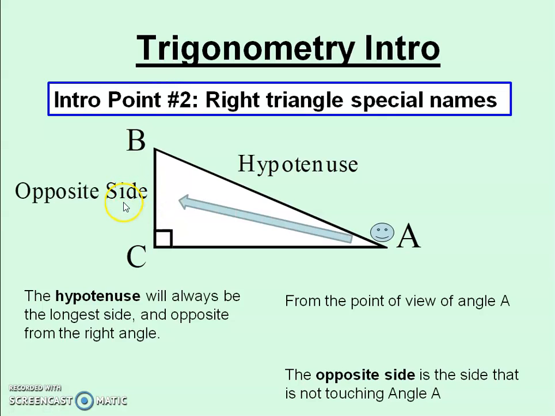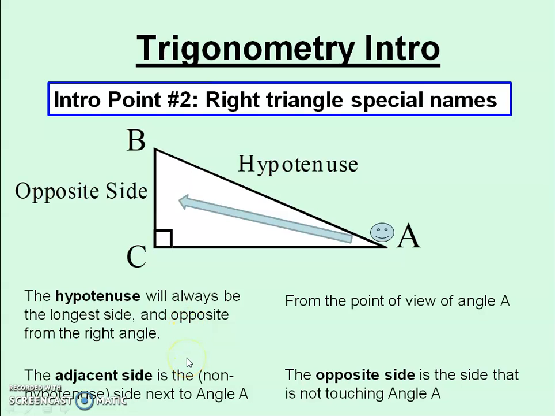And the adjacent side is the third one, the non-hypotenuse side that is touching A. Hypotenuse is always labeled first because we know it's the longest, we know it's opposite the 90. The adjacent is the non-hypotenuse side that is touching A. So these have the labels hypotenuse, opposite, and adjacent from the point of view of angle A.